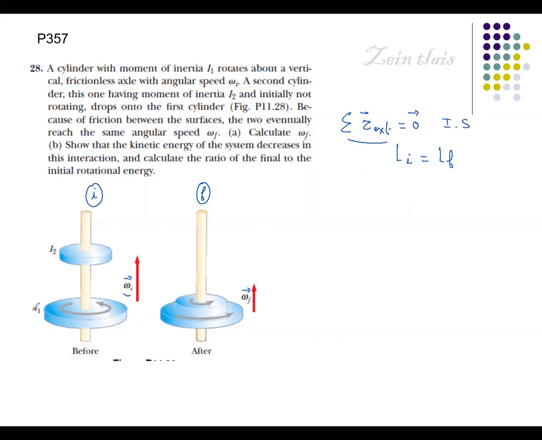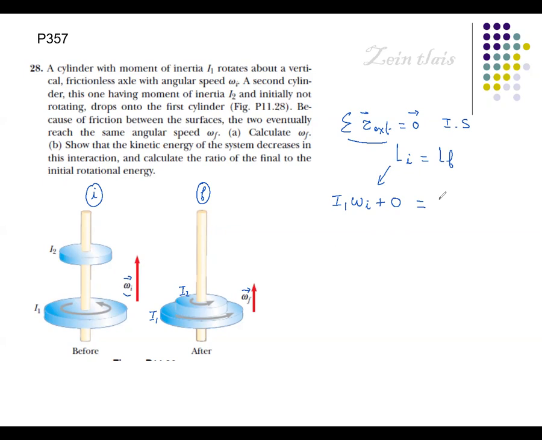Here we have I1 and I2, where I1 doesn't change and I2 is added to the system. So we can say initially we have L initial equals I1 times omega initial, since the second cylinder was at rest, and this equals the final state.